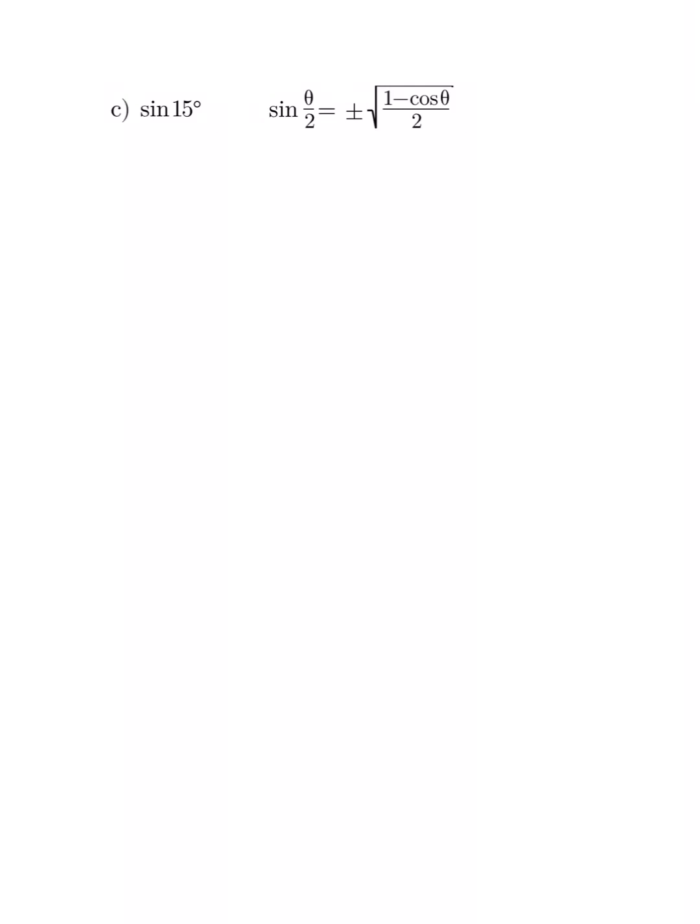15 degrees is in quadrant 1. Everything in quadrant 1 is positive, so the sine is positive. Next thing we want to do is find what theta should be. So we're going to set up our little equation of theta over 2 equals 15.